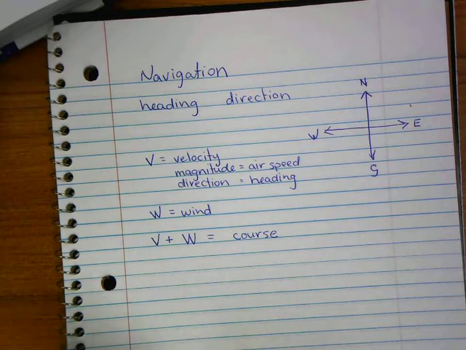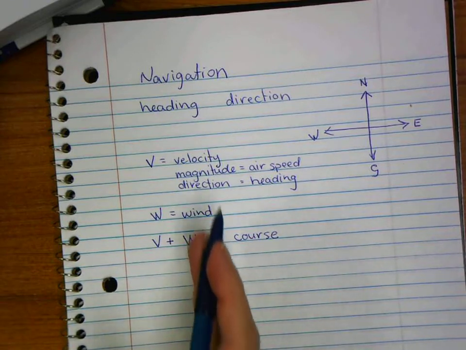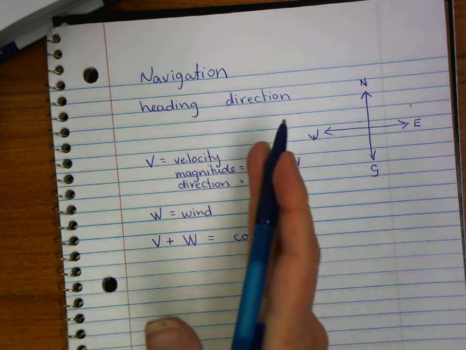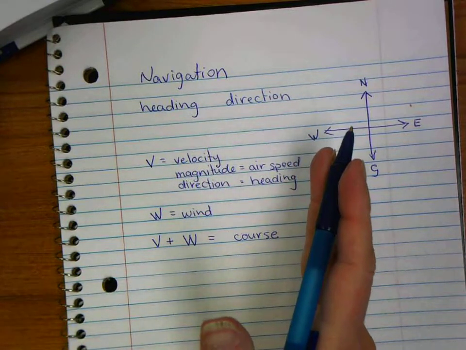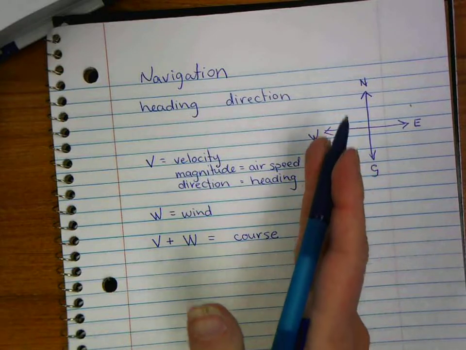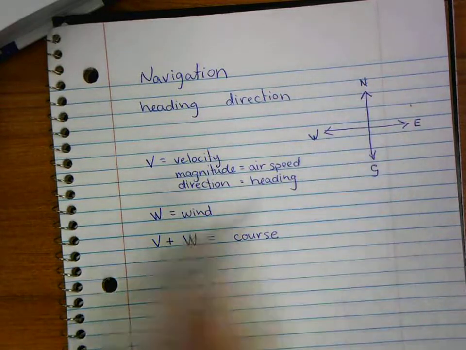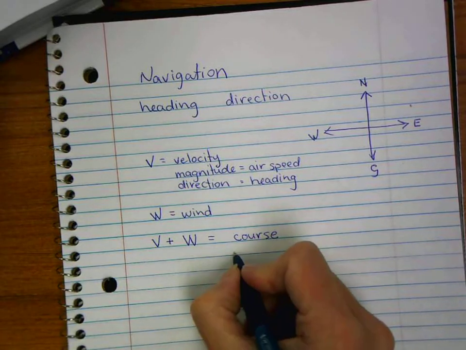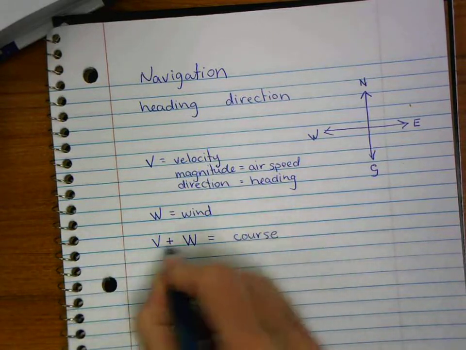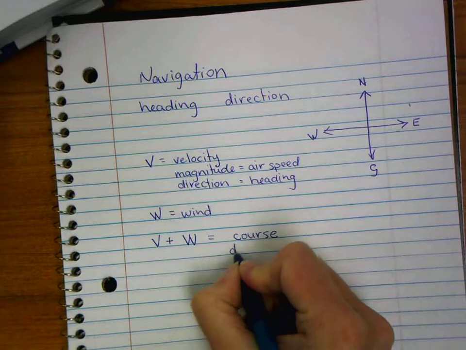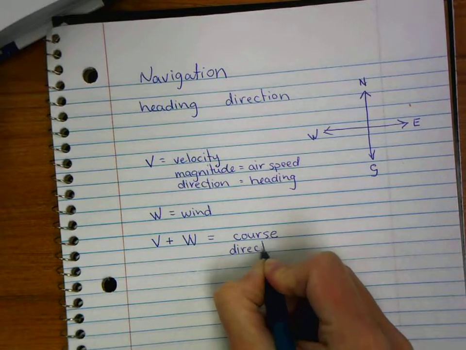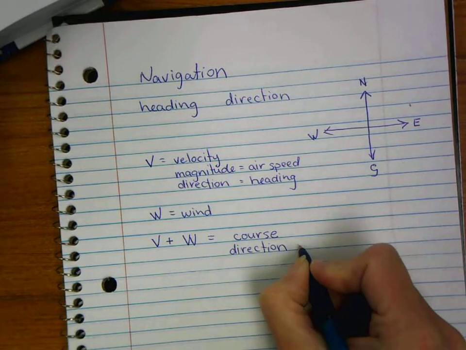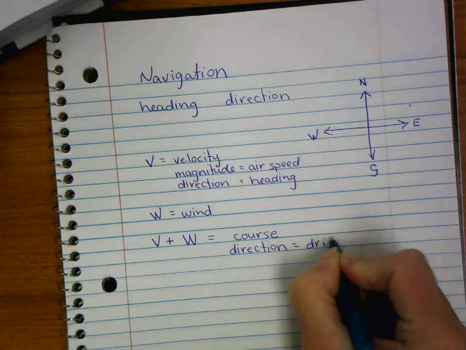As the airplane's going this way, the wind starts to push the airplane and act on the airplane. It starts a drift. This resultant vector is called its course. The direction of the resultant vector is the drift angle.